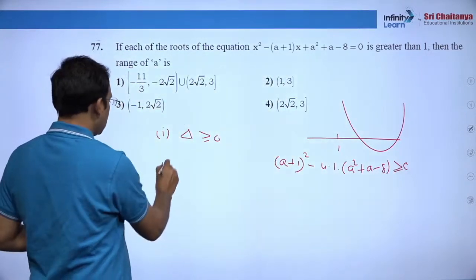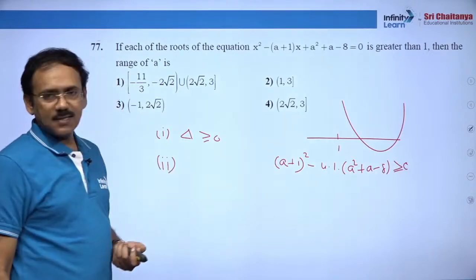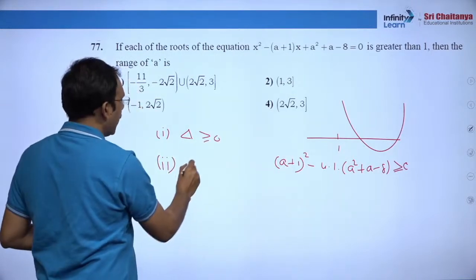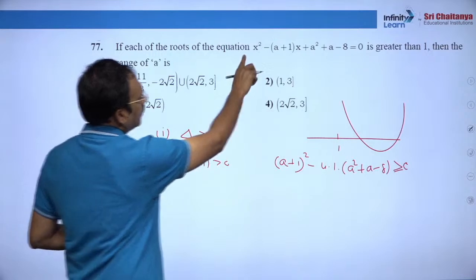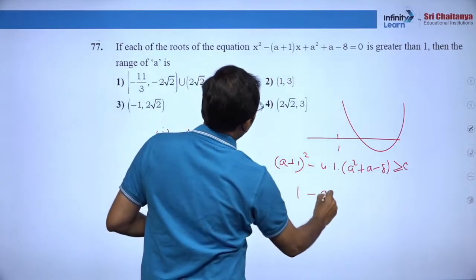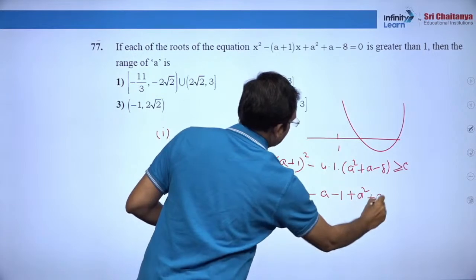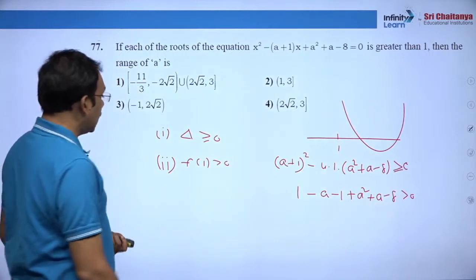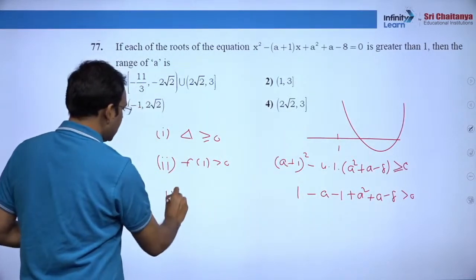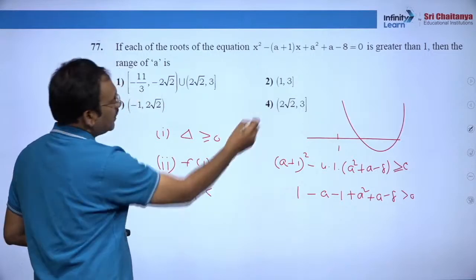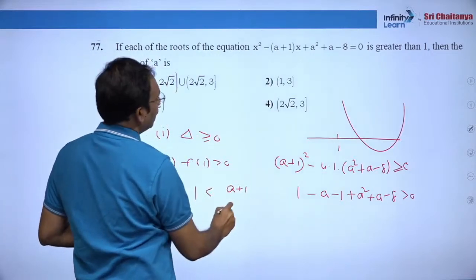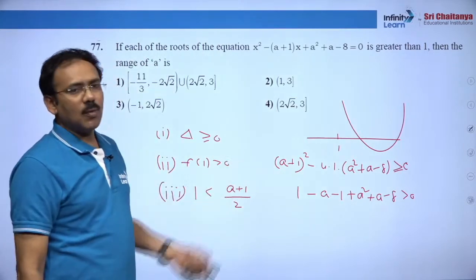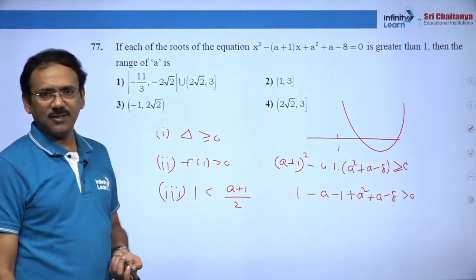The second is f(1), the x² coefficient is already positive, so f(1) must be positive. f(1) means put x equal to 1: 1 minus a minus 1 plus a² plus a minus 8 must be greater than 0. Second inequation. The third one is 1 must be on the left side, that means 1 less than -b/2a, where -b is a plus 1, by 2a is 2. So this is the third condition. You just take the common solution of these, you will get the solution, that is it.